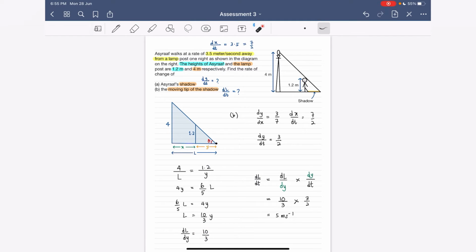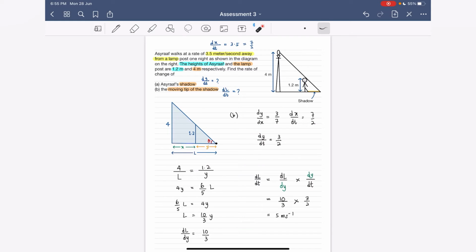So next we can find the dL/dt. So dL/dt, dL and dt here, and here is dy. The value for dL/dy is here, and the dy/dt is here.